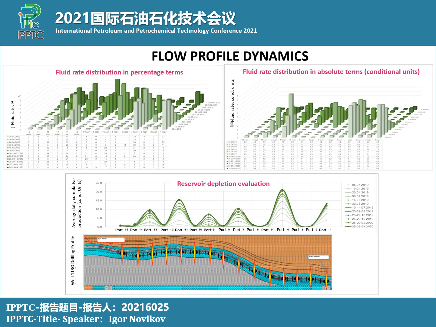When we look at the flow profile in dynamics, we see a very interesting picture. There are three graphs here: the top left graph shows us the fluid rate in percentage, the top right in cubic meters per day, and the bottom one is the daily cumulative production.